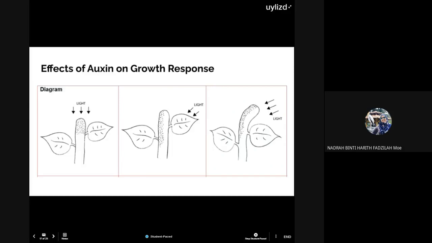Next class kita akan tengok phototropism and geotropism and its relationship towards the growth in shoot and root in relation to the concentration of auxin.